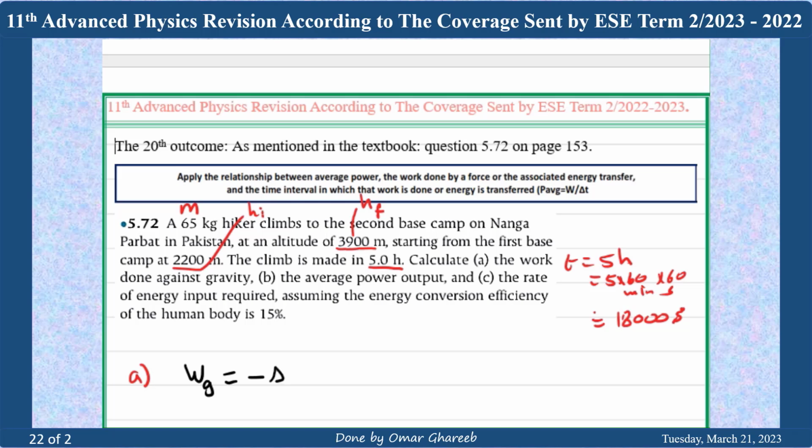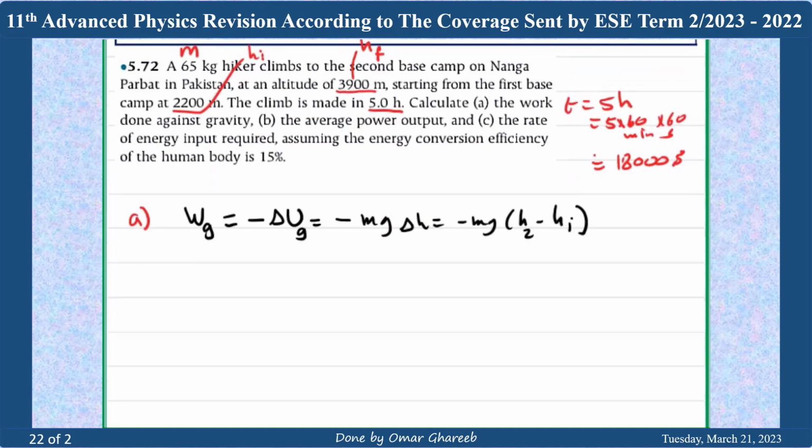It is minus delta U in the gravity, which is gravitational potential energy, minus mg delta H, minus mg times H final, which is H2, minus H initial, which is H1. Now substitute minus 65 times 9.8. H2 is 3900. H1 is 2200.